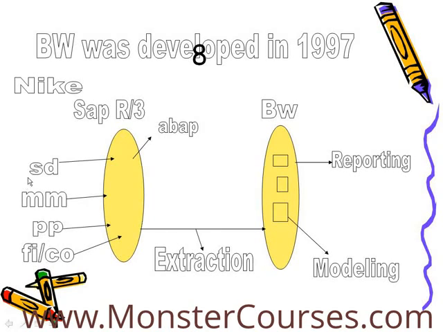For example, when you want to load the sales data, we need to design the sales data model, that we call modeling. Loading data from R3 to BW after the model, that we call extraction. And on top of the data, generating the reports. This is exactly the BW BI work.